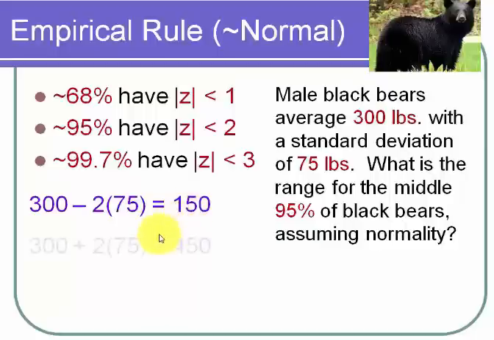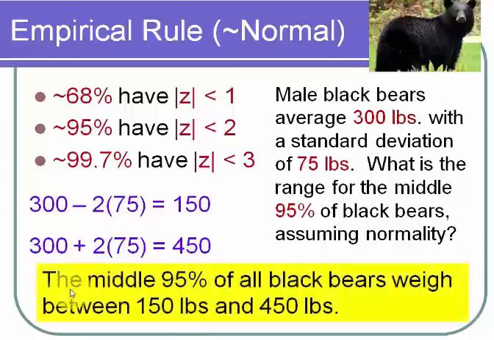We also can take 300 and add 2 standard deviations: 300 plus 2 times 75, and I get 450. So I can conclude that the middle 95% of all black bears weigh between 150 and 450 pounds. They're big guys.